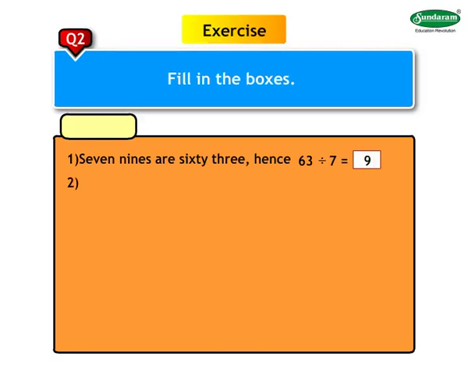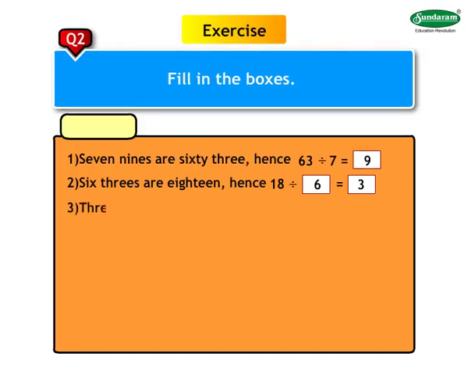2. 6 threes are 18. Hence, 18 divided by dash is equal to 3. Since the 6 times table is used here, we get 18 divided by 6 is equal to 3. 3. 3 sixes are 18.